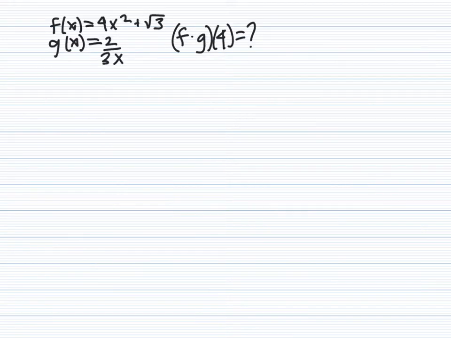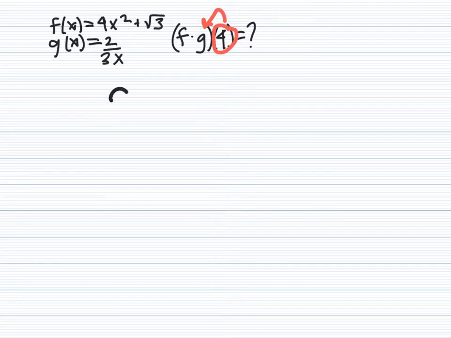Our last example is when you're given a number instead of just the x variable. And so the answer you're going to get will also be a number. So here we have the same two functions, and the question is f of g of 4. So what you first do is plug 4 into the g of x function, and then plug that answer into the f of x function.